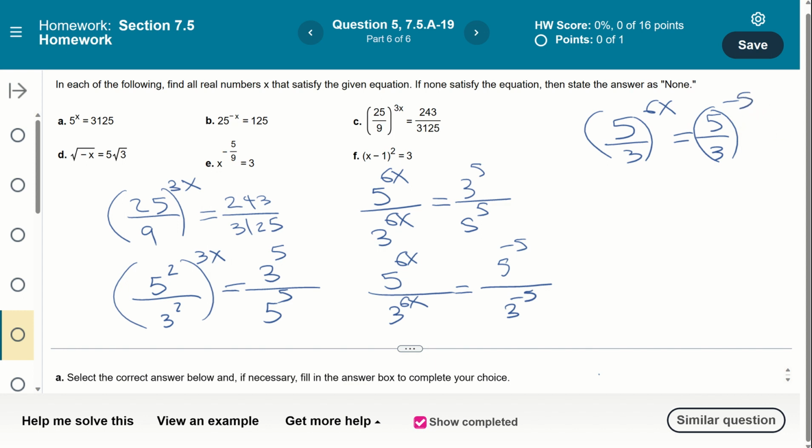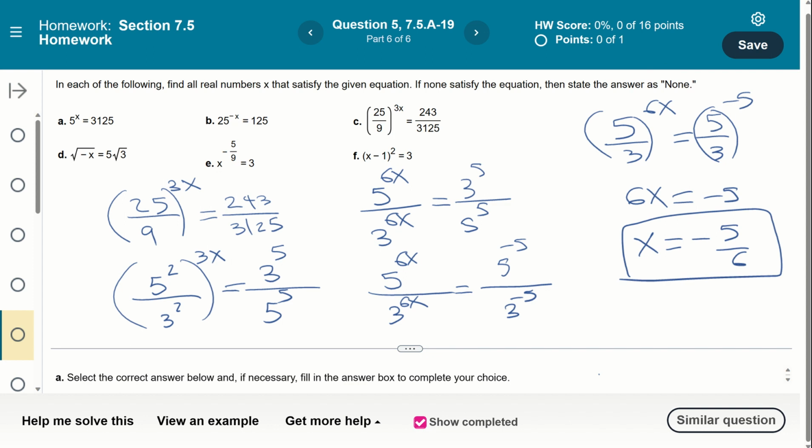So finally, I'm where I want to be, correct? Since the two powers are the same and their bases are the same, their exponents must be the same. So we get 6x equals negative 5, divide both sides by 6, we get x equals negative 5/6.